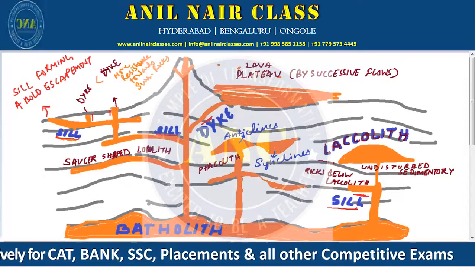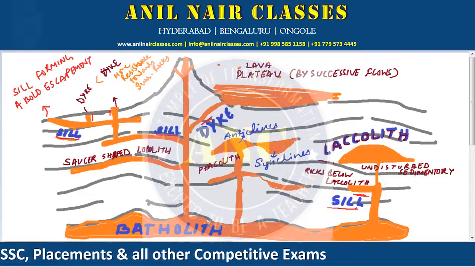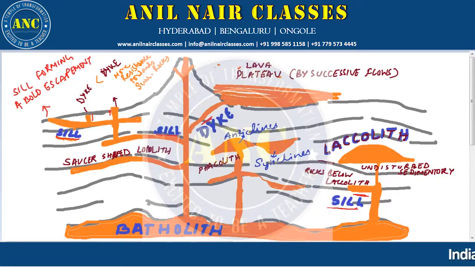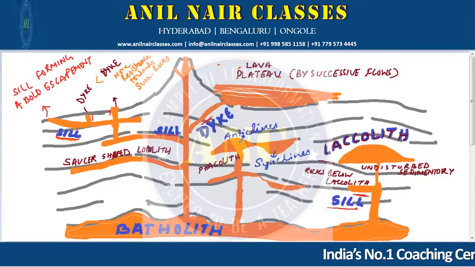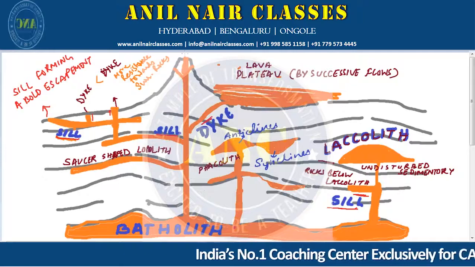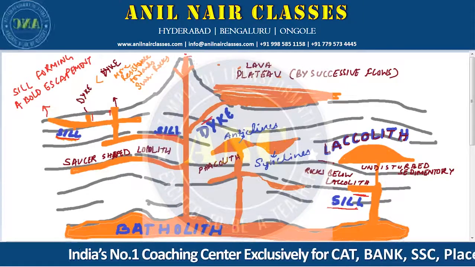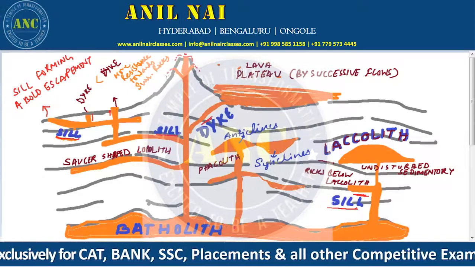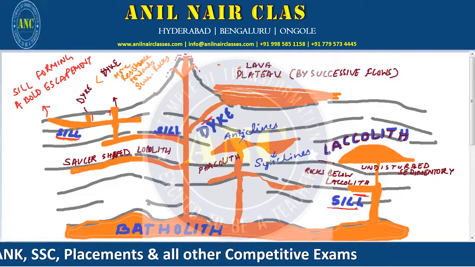So this solid, liquid and gaseous material may find a way out to the surface from a deeper reservoir to the surface of the earth. So this is the deeper reservoir and this is the surface of the earth, and it starts coming out here as well, correct? And this is also coming out.